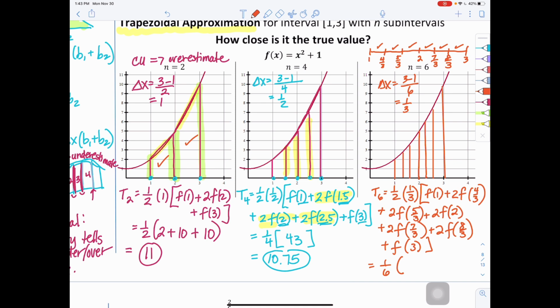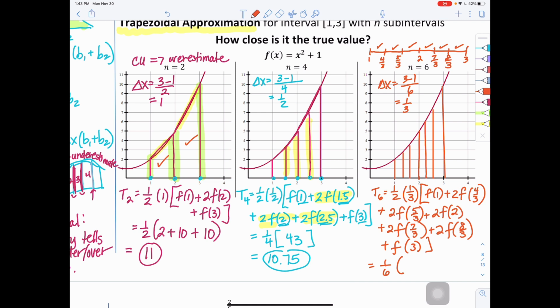So if you'll go back to your stat enter, you can clear those columns, and what you're going to put in is a 1, and then a 4/3 twice.